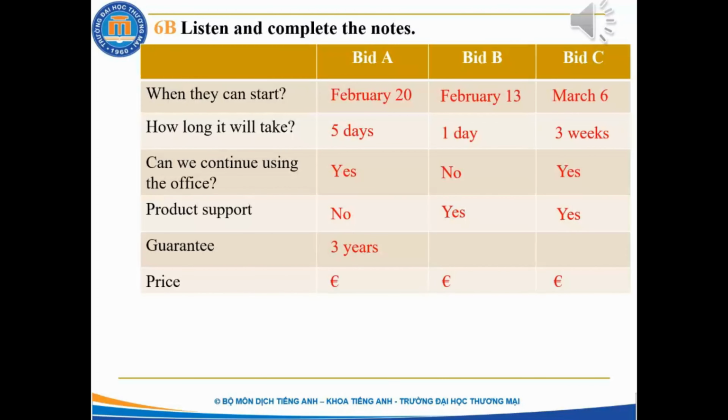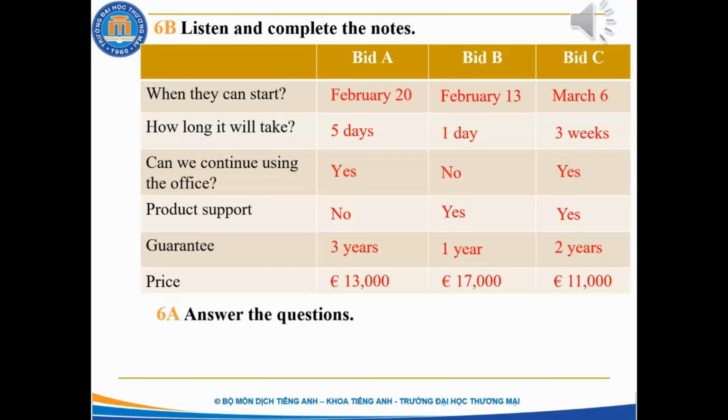For the guarantee, bid A for 3 years, bid B 1 year, and bid C 2 years. And for the price, so in total, the total cost that the bid A offer is €30,000. For bid B, €17,000, and for bid C, €11,000. Alright, so can you complete all the notes correctly?